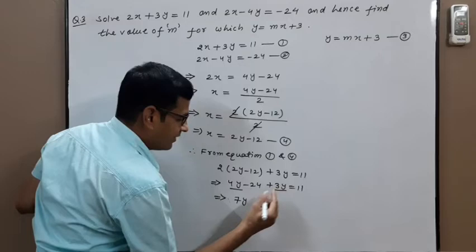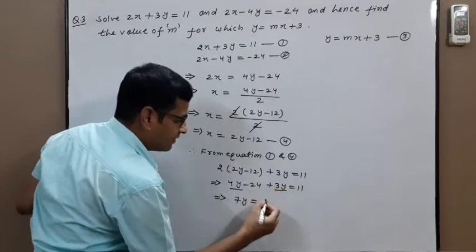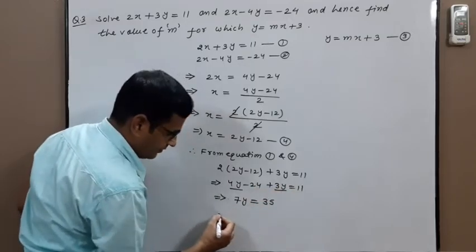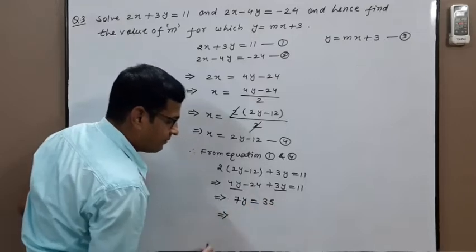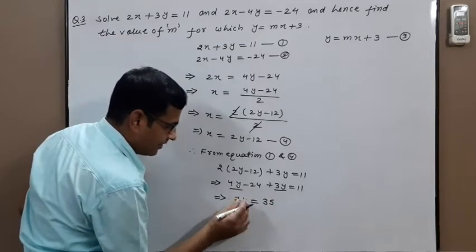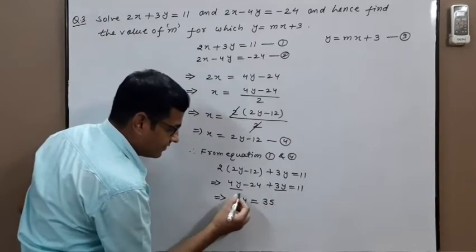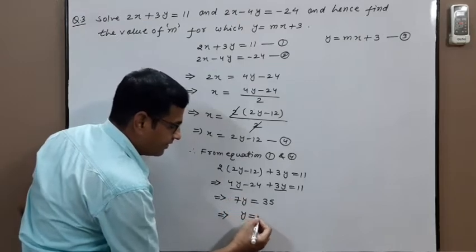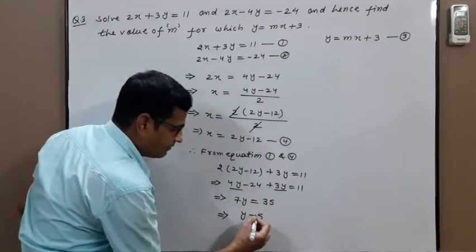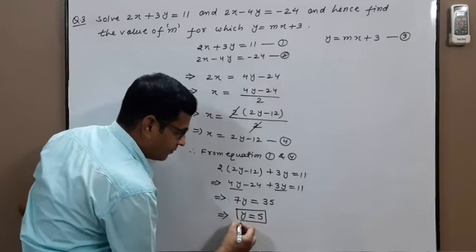Same, minus 24 to the other side, so 11 plus 24, 35. Dividing both sides by 7. 7y upon 7, y, and 35 upon 7, 5. So we get the value of y.